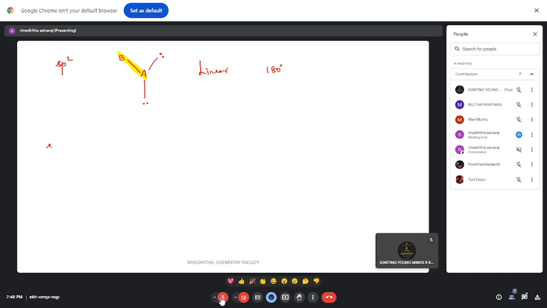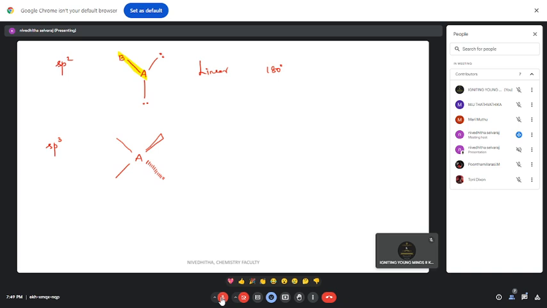Okay. Next is sp3. How many chemical bonds can a central atom form if the hybridization is sp3? 4, ma'am. Very good, 4. So the central atom can form 4 chemical bonds, in which 2 bonds are in-plane bonds and 2 bonds are out-of-plane bonds. What is an out-of-plane bond? These two bonds are not on the plane.